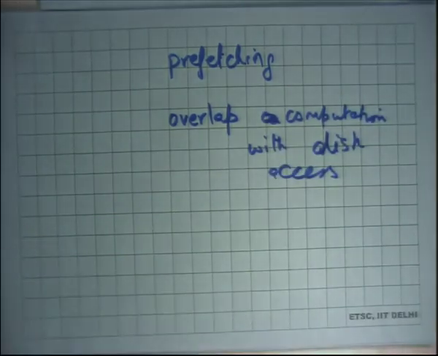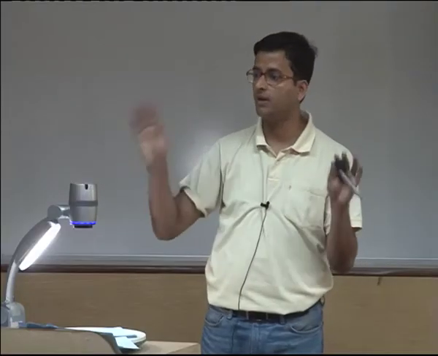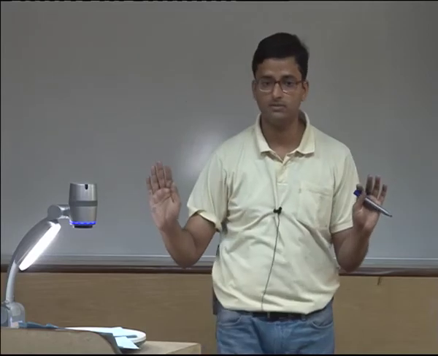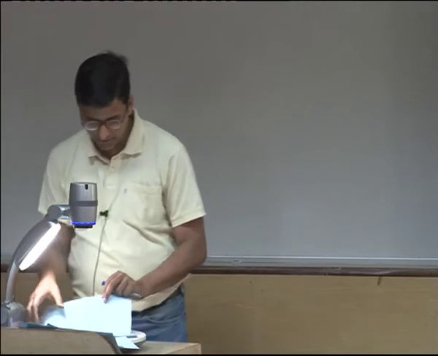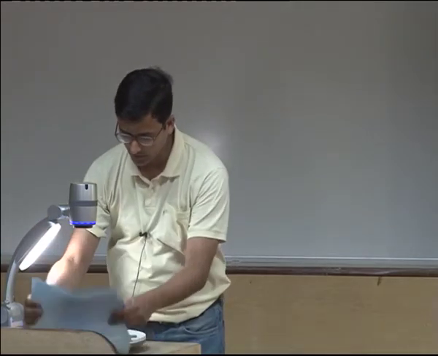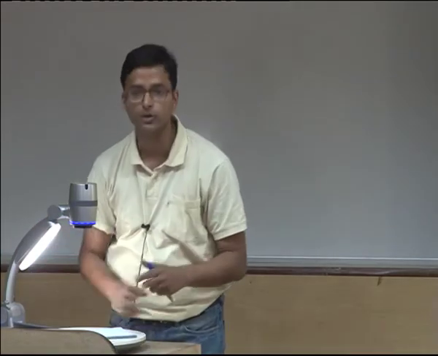It's a good idea, while you're doing the disk access, to also keep computing, so that firstly you'll keep your CPU busy, and secondly your computation may lead to more disk accesses, and that may lead to better disk scheduling overall, right?